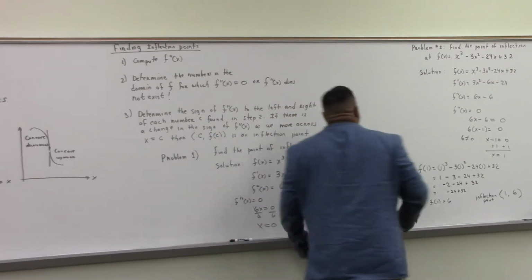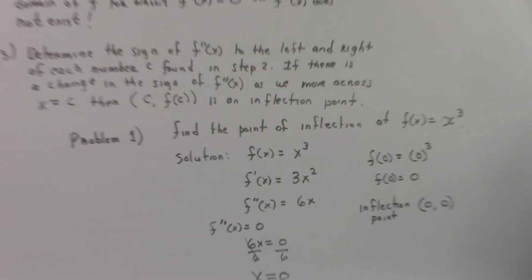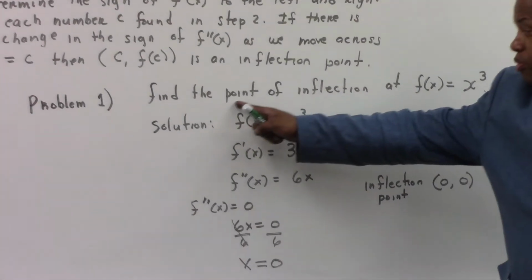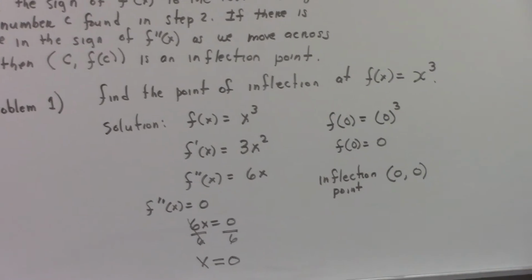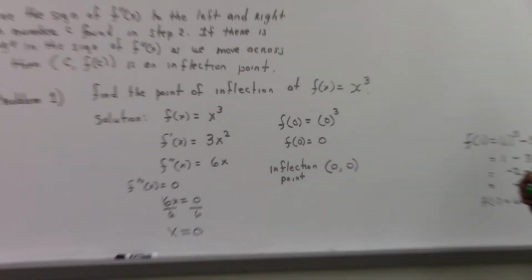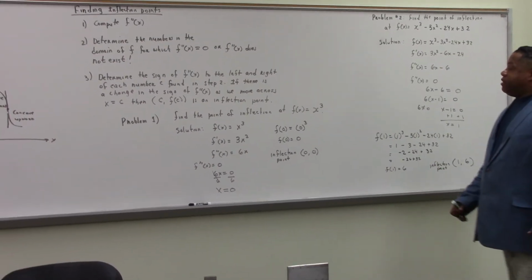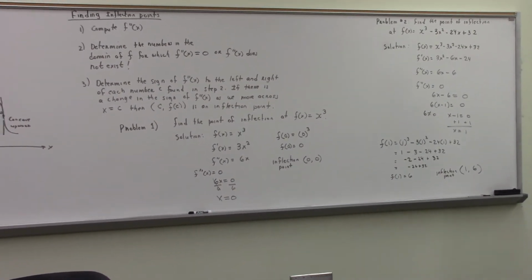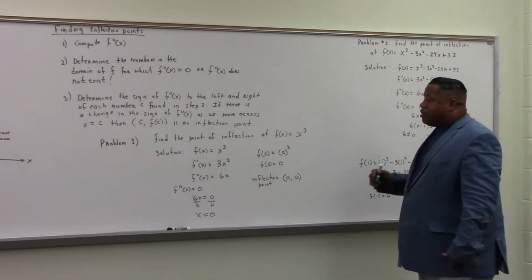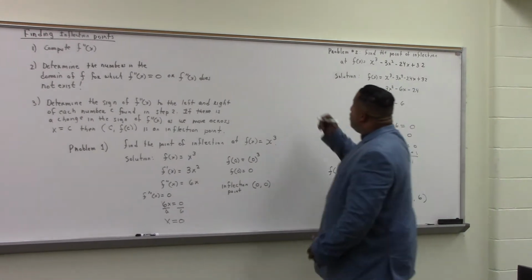Now, let's go through a couple of examples. We want to find the point of inflection for f of x equals x cubed. This is a cube function, and you can actually see where the inflection point is when you graph it.